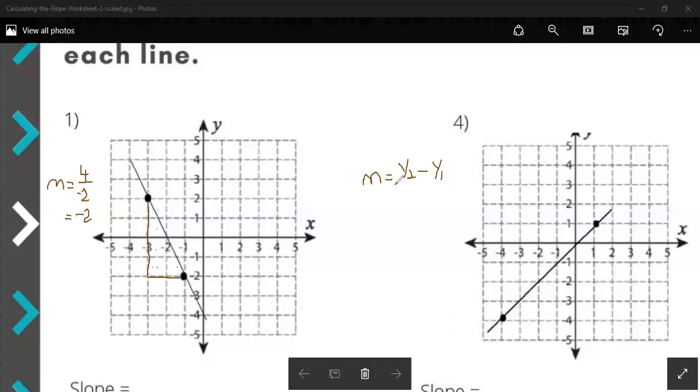And then our run, that is our horizontal axis. Now the x-axis is x2 minus x1.